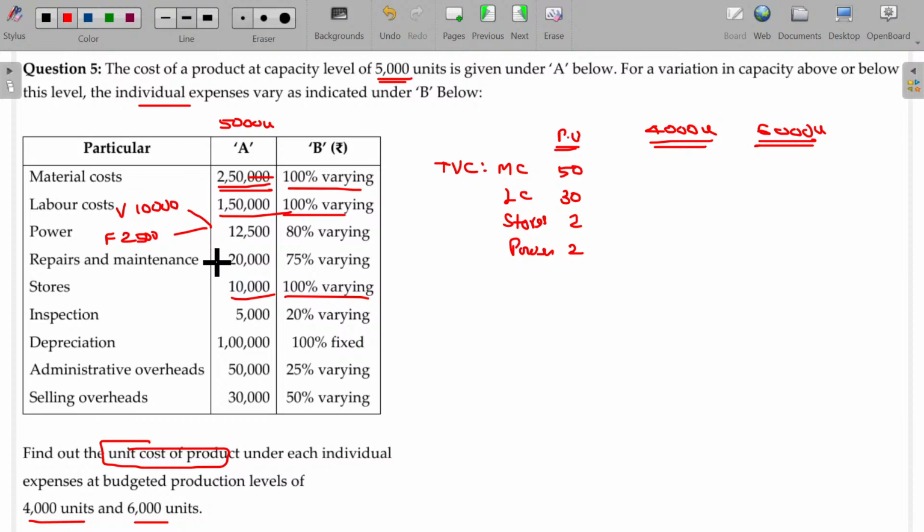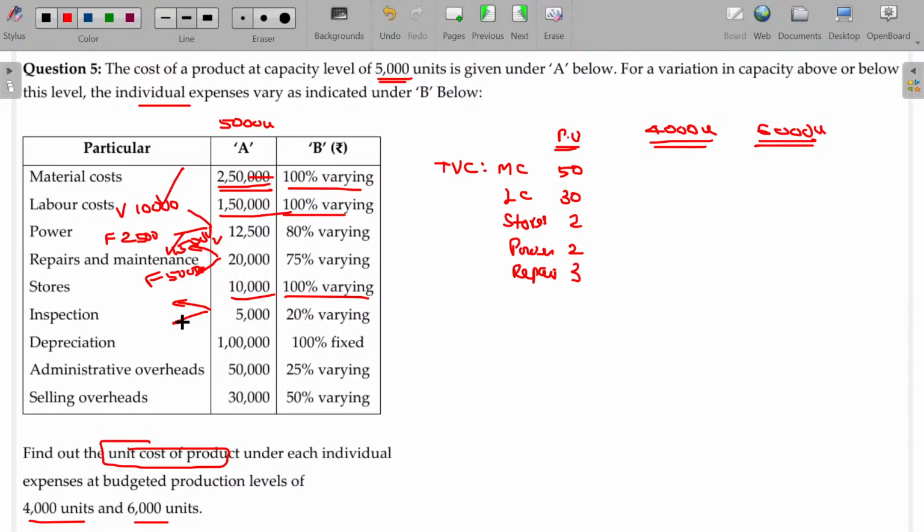Repairs, 15,000 being variable, 5,000 being fixed. I have to take the variable first. Repairs and maintenance 3 rupees.